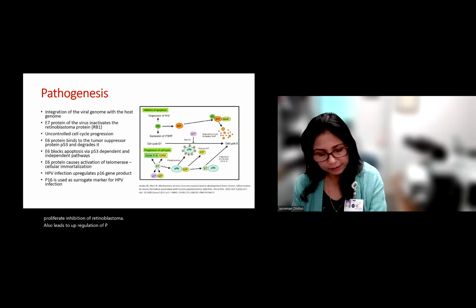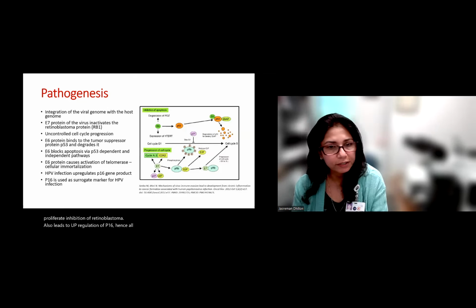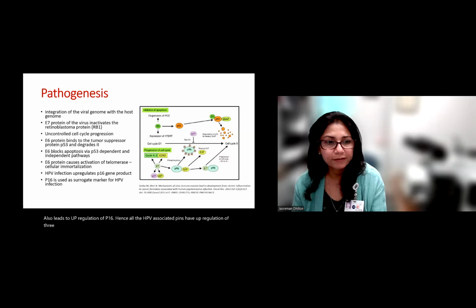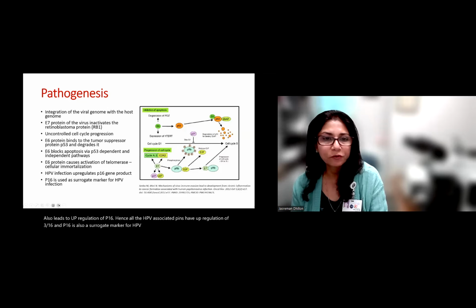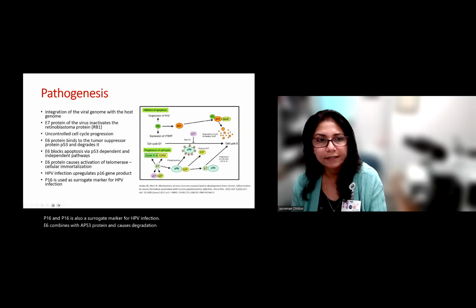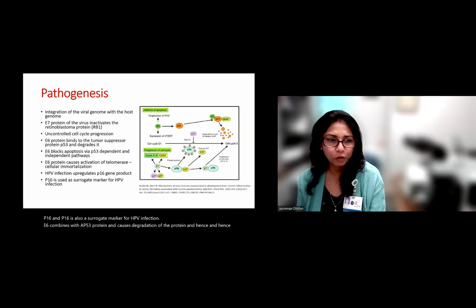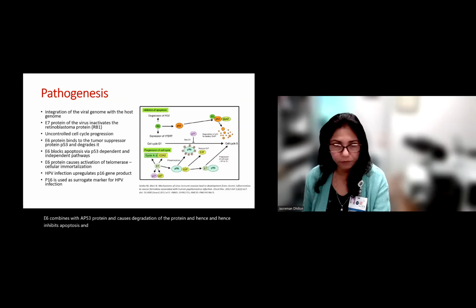Hence, all the HPV-associated PEINs have upregulation of P16, and P16 is also a surrogate marker for HPV infection. E6 combines with P53 protein and causes degradation of the protein, and hence inhibits apoptosis and causes cells to proliferate.